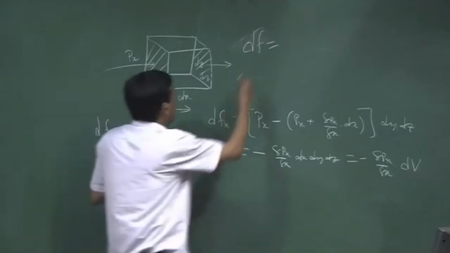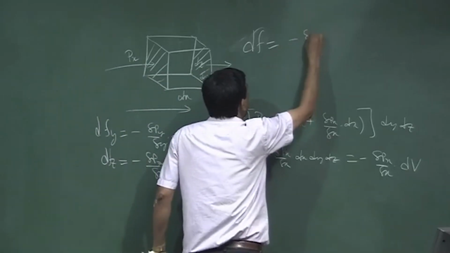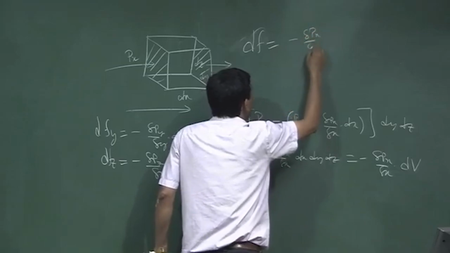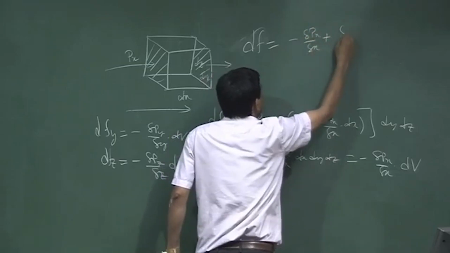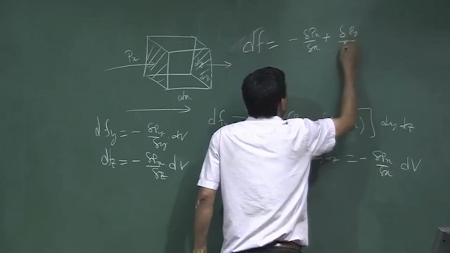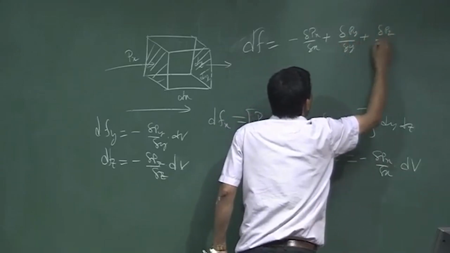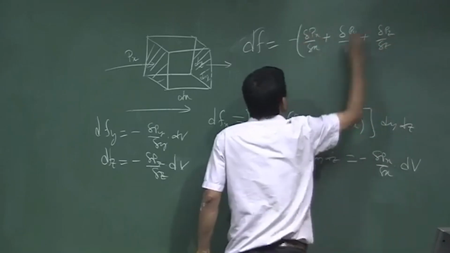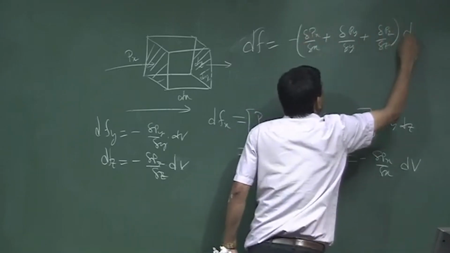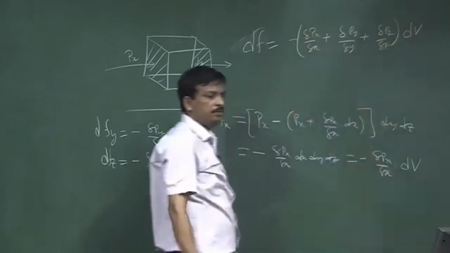It is nothing but minus del Px by del x plus del Py by del y plus del Pz by del z, into dv. Very simple.